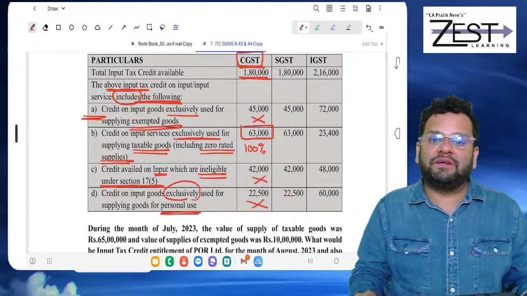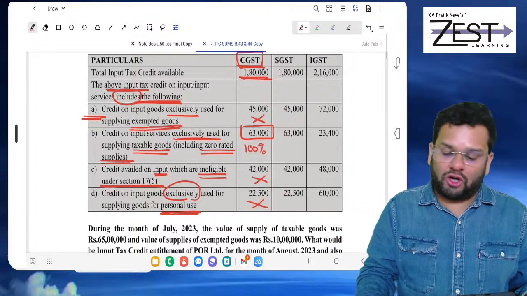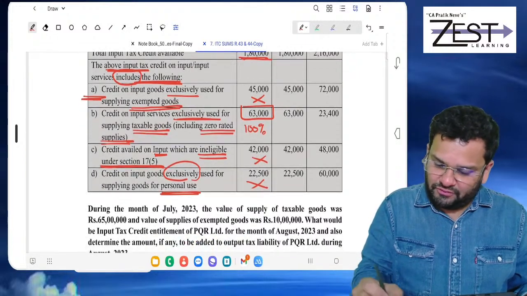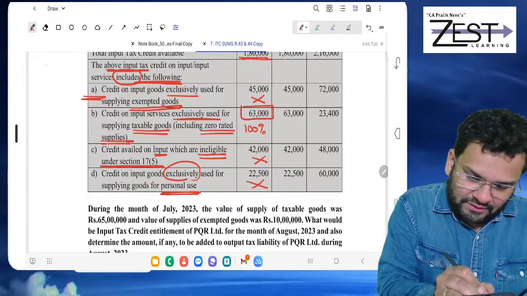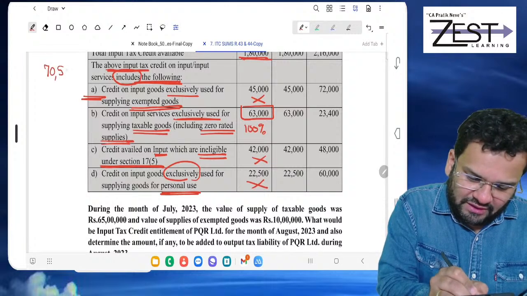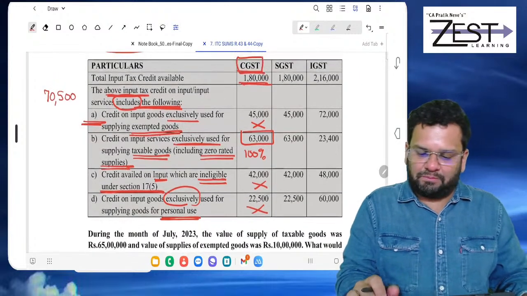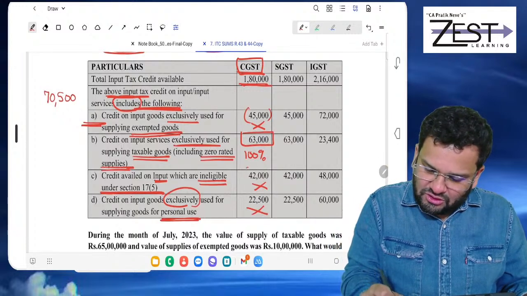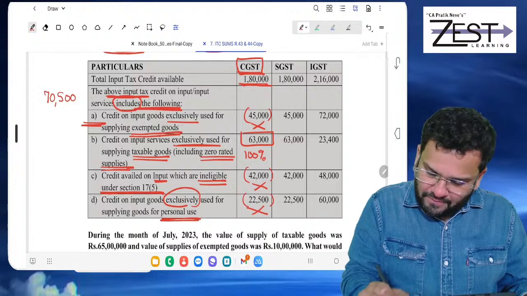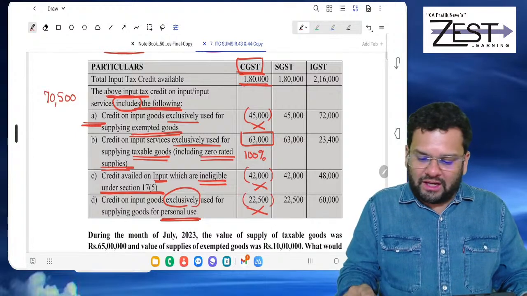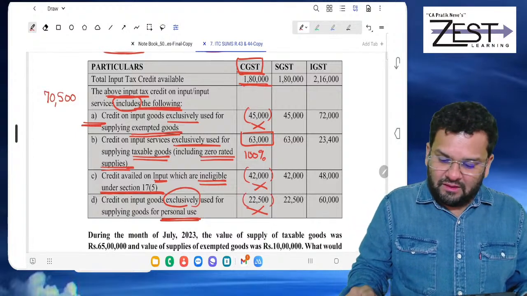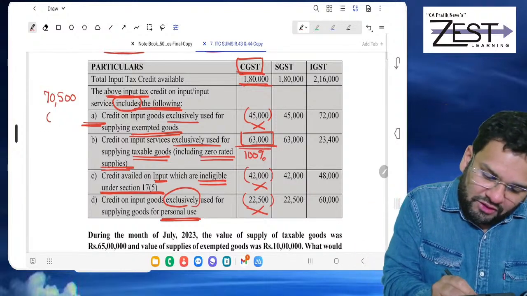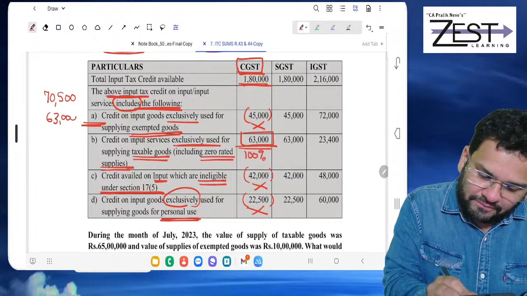So can you tell me what figure you have got? Have you got the figure of 70,500 after subtracting the three items on which ITC is not at all available? If you have got that figure, then minus 63,000. Sir, why should we minus 63,000?